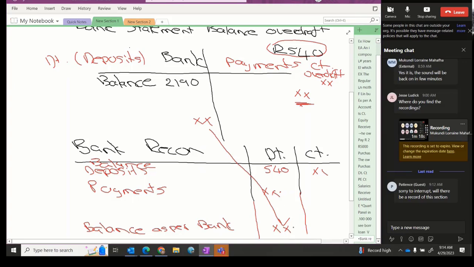But the very last value before you balance your bank recon, this balance here, if it's on the debit side in your bank account, it must be on the debit side in your bank recon as well. Opposite to that, if the balance is on the credit side, you're obviously going to have the balance there on the credit side. Okay, so that's the only transaction that's going according to how it's done in your books. All the other stuff is opposite to what you do in your bank account.